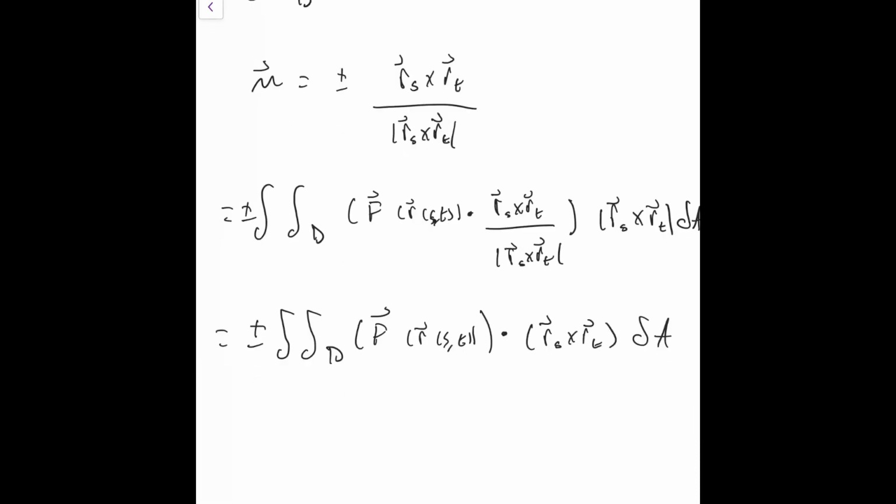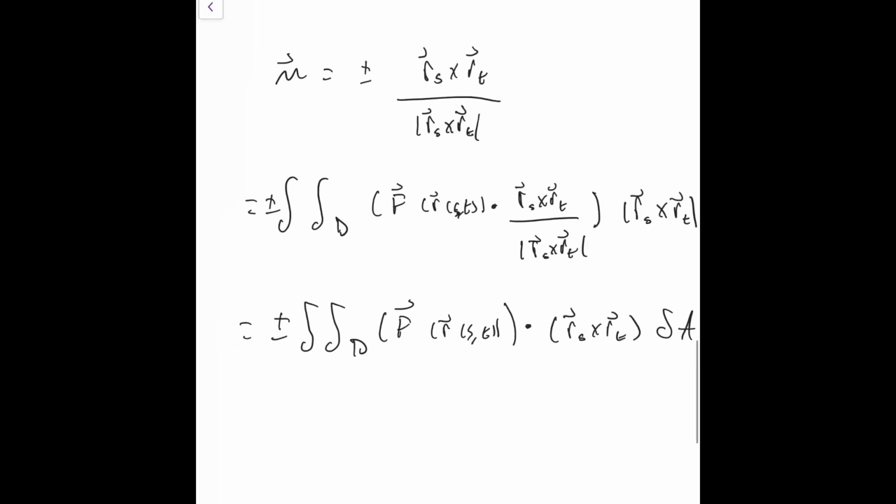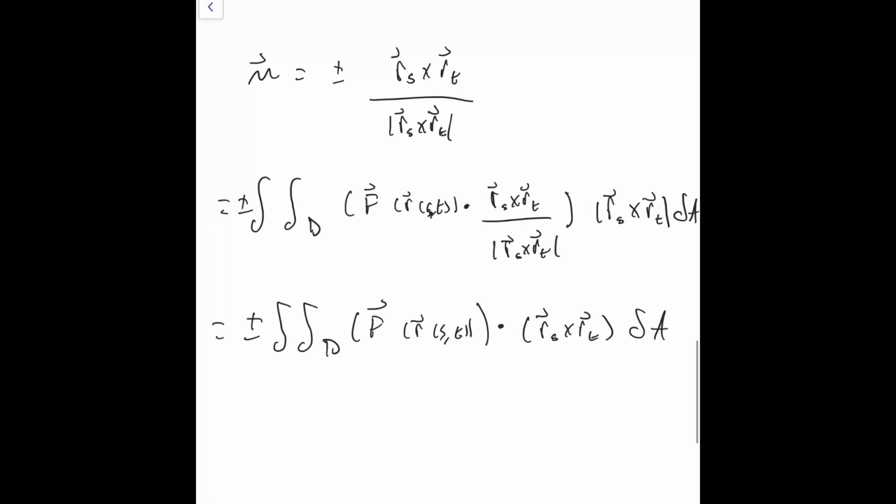Again, the reason we have the plus or minus is because we're going to be either asking for an outward pointing normal vector or an inward pointing normal vector, and we don't know whether rs cross rt is outward pointing or inward pointing. So if rs cross rt is pointing in the direction that we want it to point in, then the surface integral of the vector field is equal to this formula right here without the plus or minus.